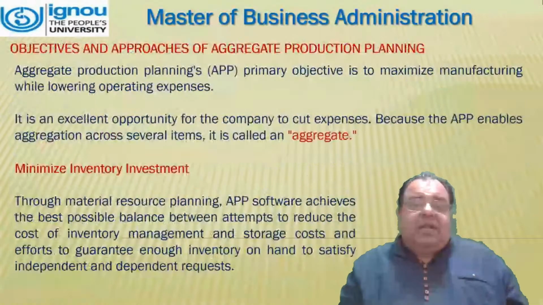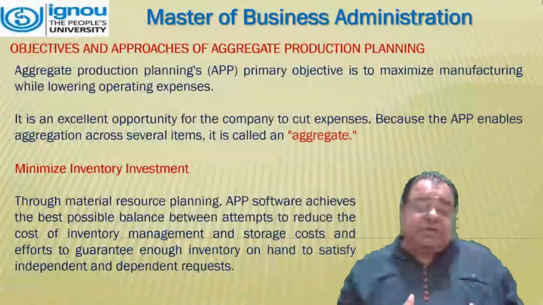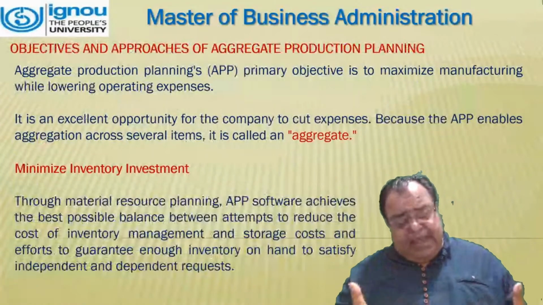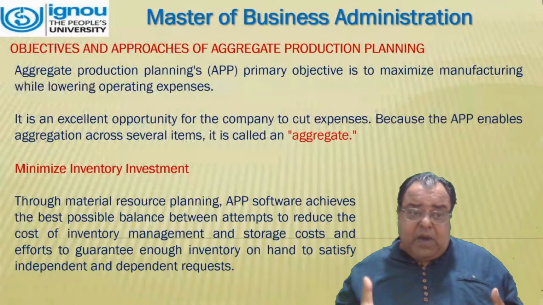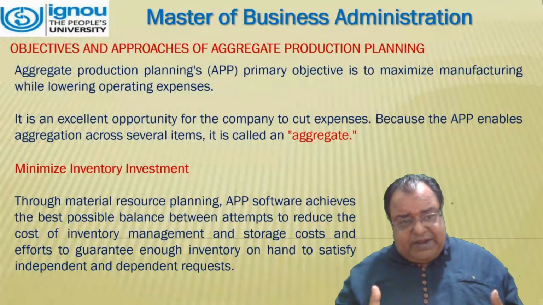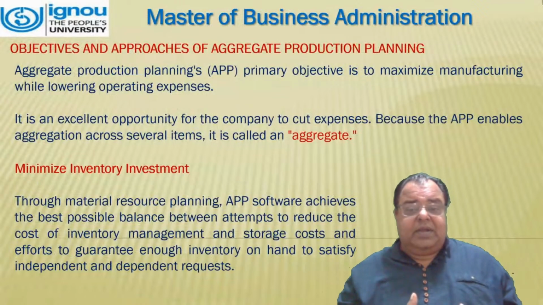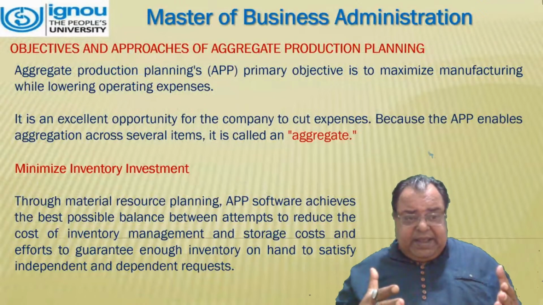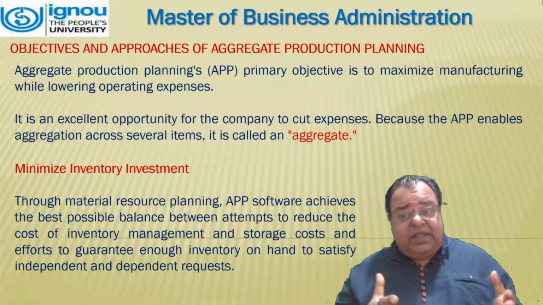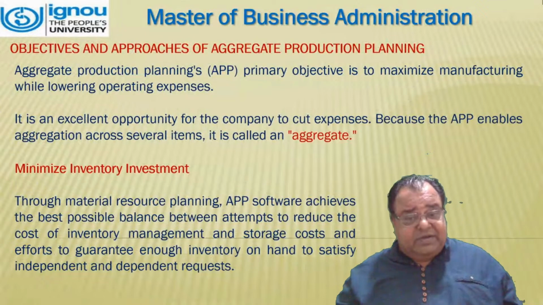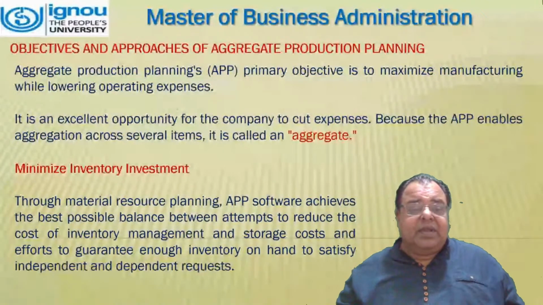What are the objectives and approaches of aggregate production planning? Aggregate production planning's primary objective is to maximize manufacturing while lowering operating expenses. It is an excellent opportunity for the company to cut expenses because the APP enables aggregation across several items and it is called an aggregate.